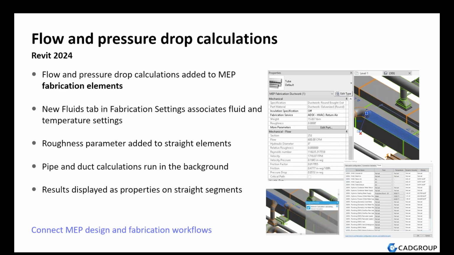So you've now got the beauty of fabrication elements, which are, you know, LOD, let's say 400, 500, which are manufacturable, but also have the ability to create analytical systems and work out flow and pressure drops. There's some other enhancements in fabrication. So there's, you know, a new fluids tab, roughness parameters on straight elements and so forth.